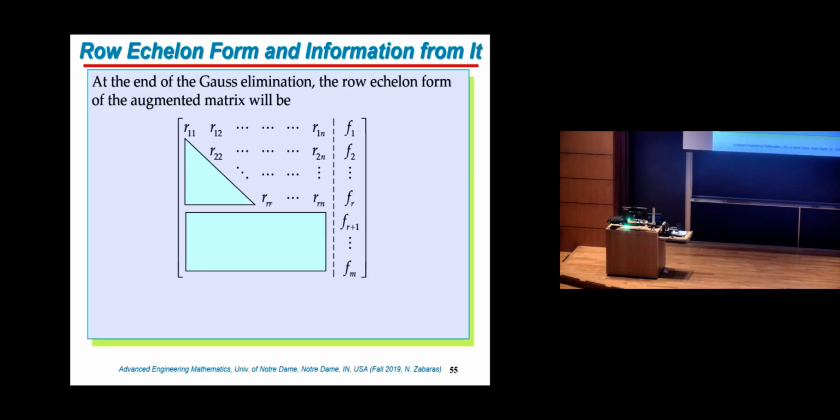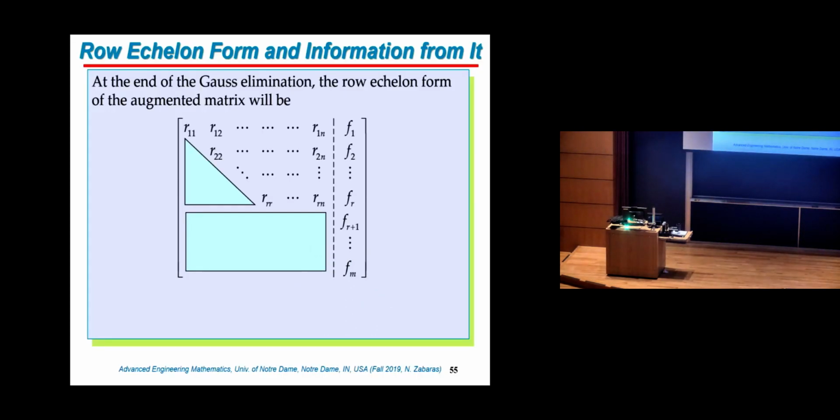So if F_{R+1} to F_M is not 0, what can we conclude? That the system of equations AX = B has no solutions.